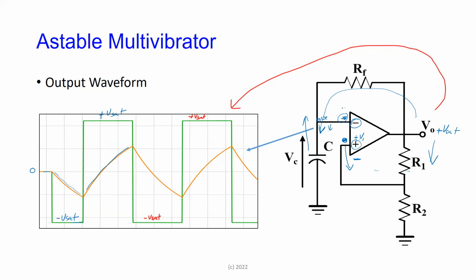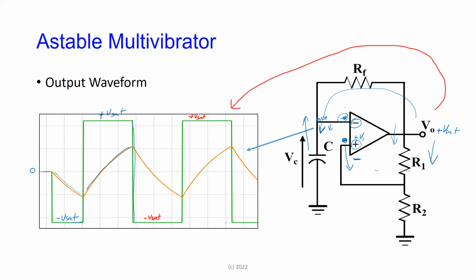If here gets positive, it's on the inverting terminal, so the output is going to go negative. At that point in time, the output slams down to minus VSAT now. And then the cycle starts to repeat.